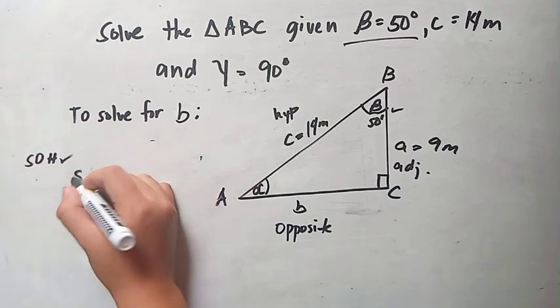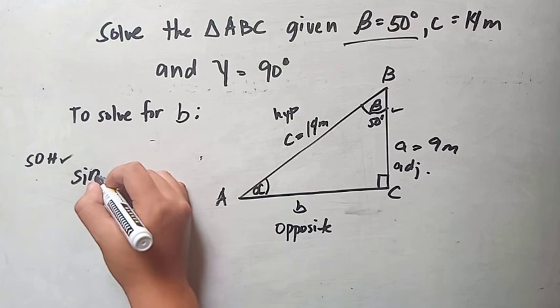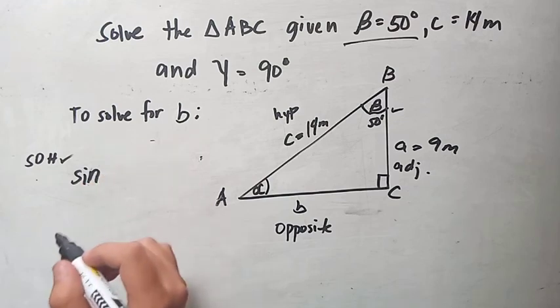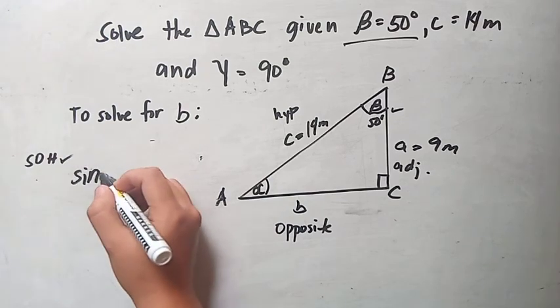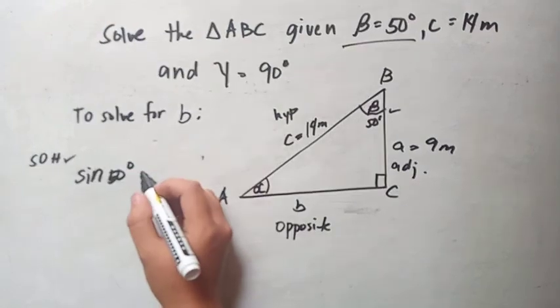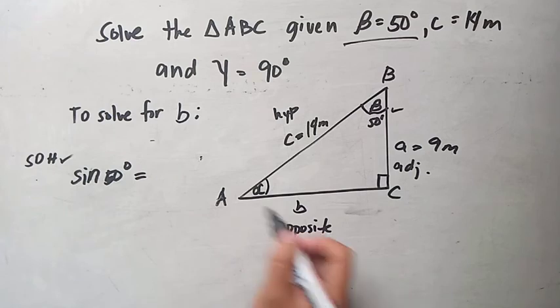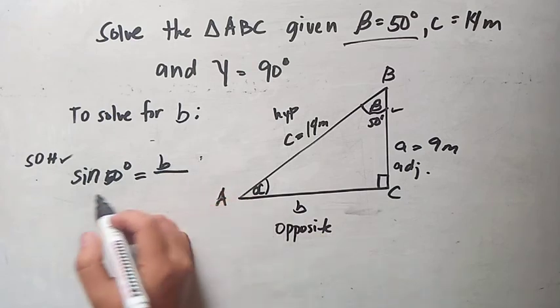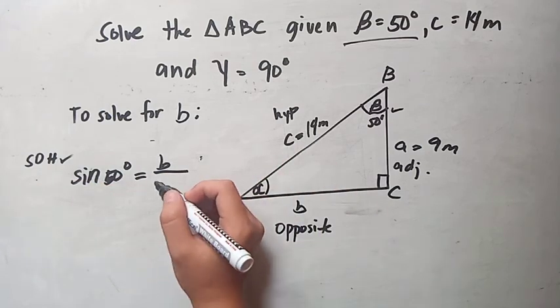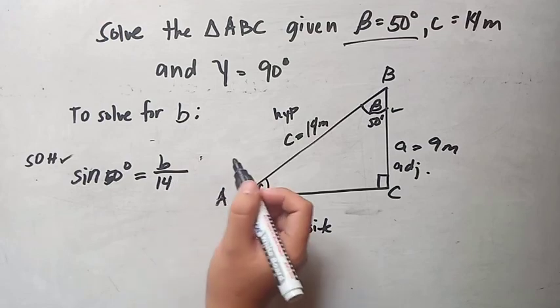Okay, so that is sine 50 degrees is equal to our opposite side, that is B, all over our hypotenuse, that is 14.